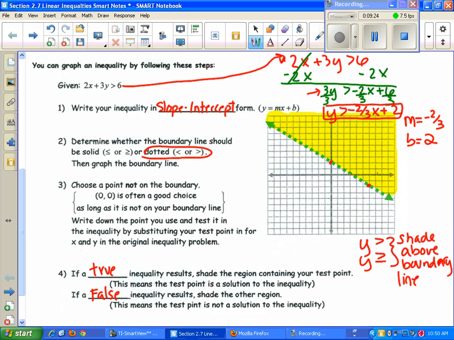So straight above your boundary line. And if y is less than, or y is less than or equal to, when you solve for y, you're going to shade below your boundary line.